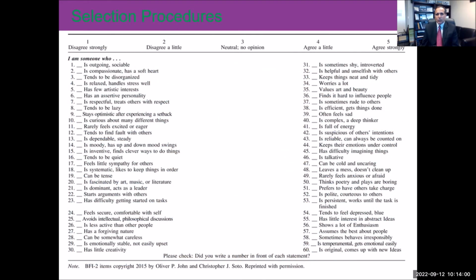Personality tests usually require candidates to answer certain questions on a Likert scale, such as strongly disagree, all the way to strongly agree, or somewhere in between, for items such as I am someone who is outgoing, sociable, or is sometimes shy and introverted.